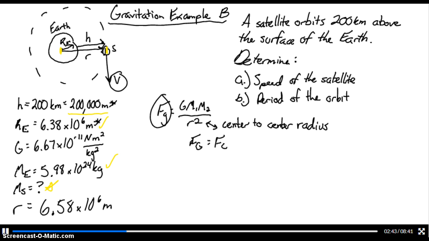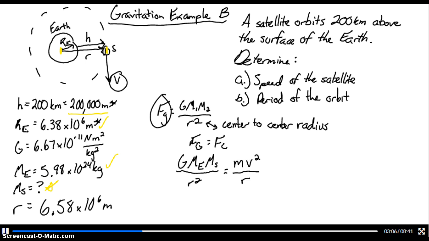So, if we write our equation, force of gravity, G times the mass of the Earth times the mass of the satellite over r squared is going to be equal to the centripetal force, which hopefully you remember is mv squared over r.